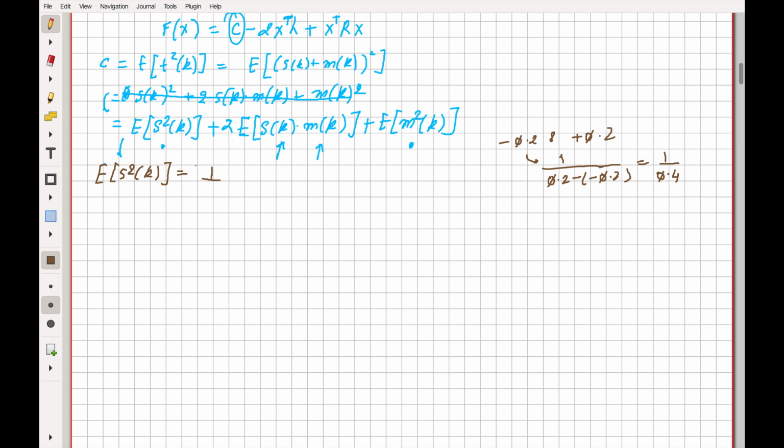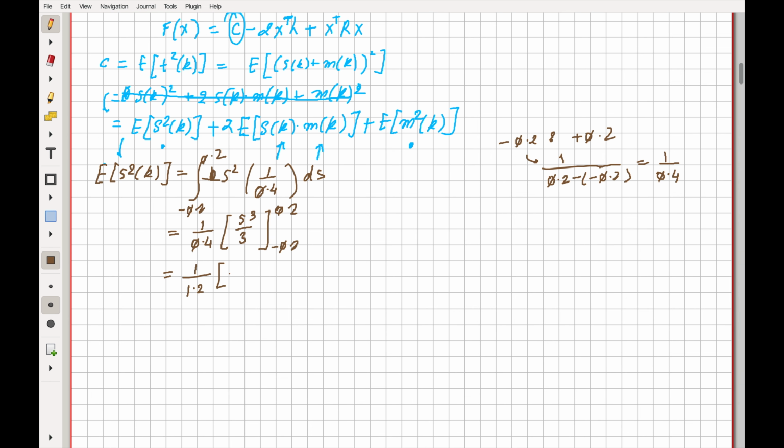We would write the integral from minus 0.2 to plus 0.2 of s squared times 1 divided by 0.4 ds, that is equal to 1 divided by 0.4 times s cubed divided by 3, going from minus 0.2 to plus 0.2.